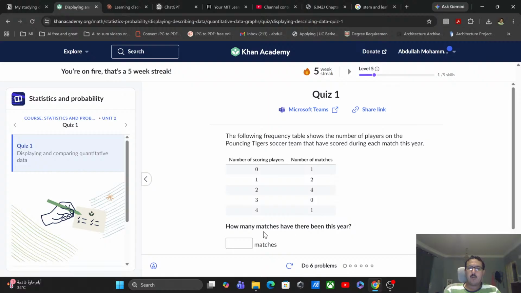What does that mean? How many matches have there been this year? Number of matches, number of scoring players. How should I know that?